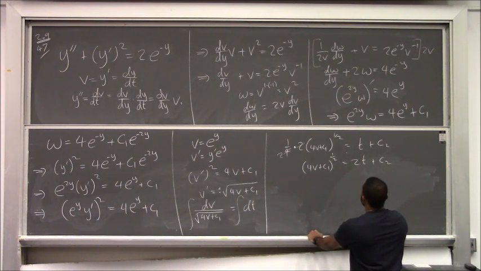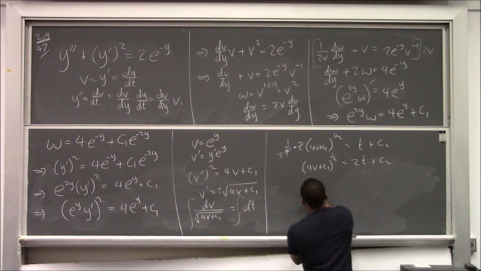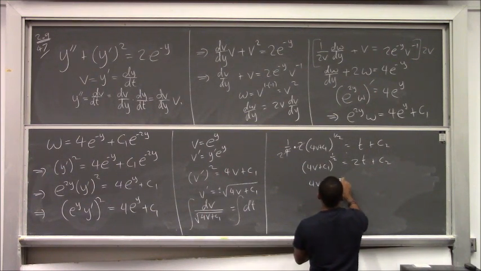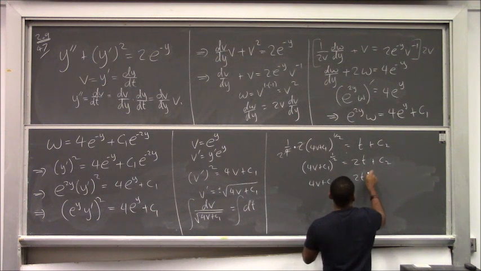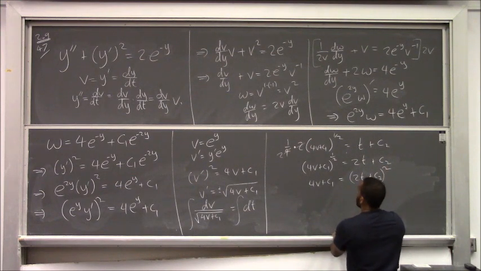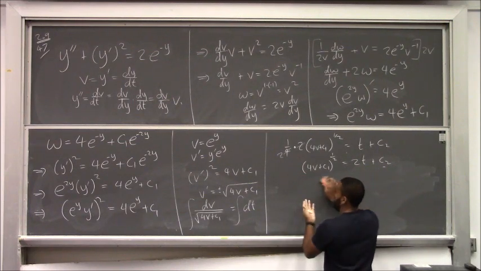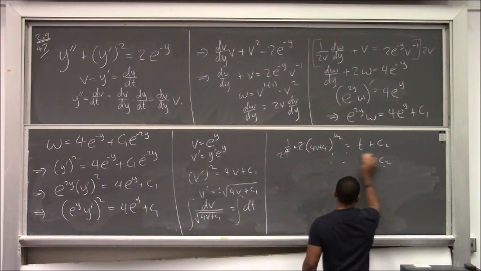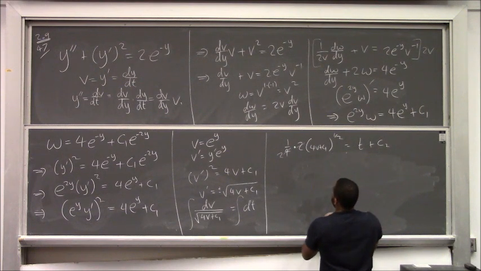Square both sides. We can actually square both sides: 4v plus c1. Divide both sides by 4. That's all squared, so you have 4t. I actually squared, but this is fine, but I want to square it in a nicer place because I want to get to the answer that looks like the book's answer. Just to embarrass this guy a little more, to show that we can get it in any form we want.